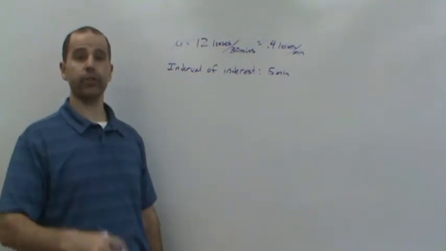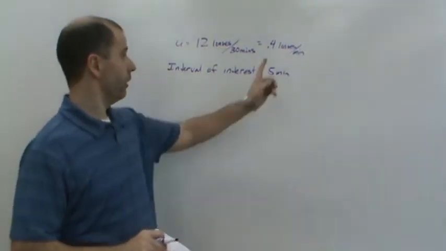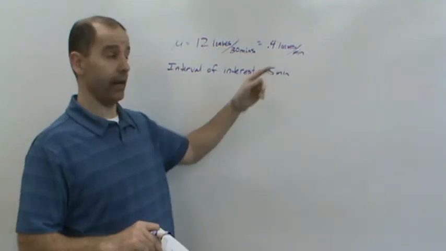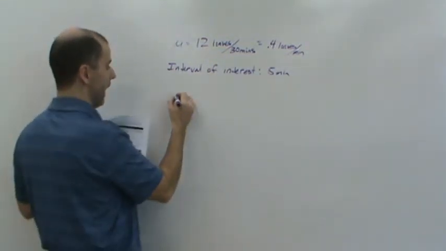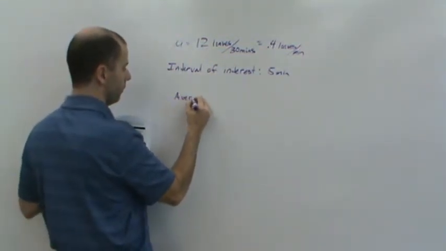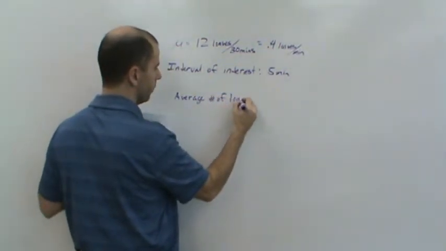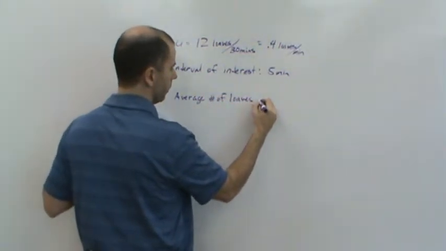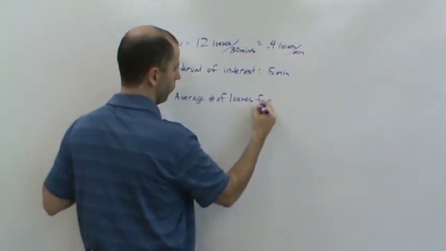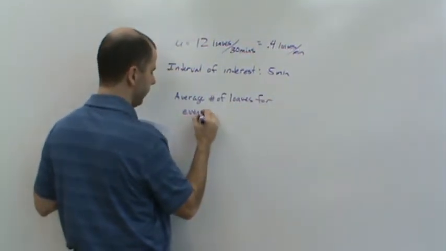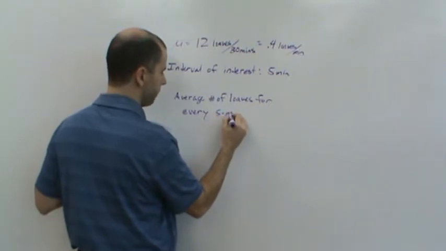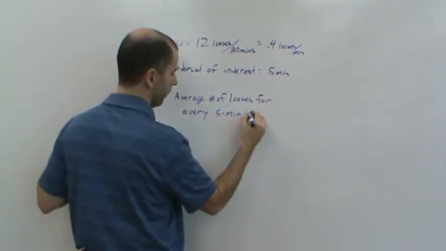So what's the average for every 5 minutes? 5 times this, right? So what's the average number of loaves for every 5-minute interval?